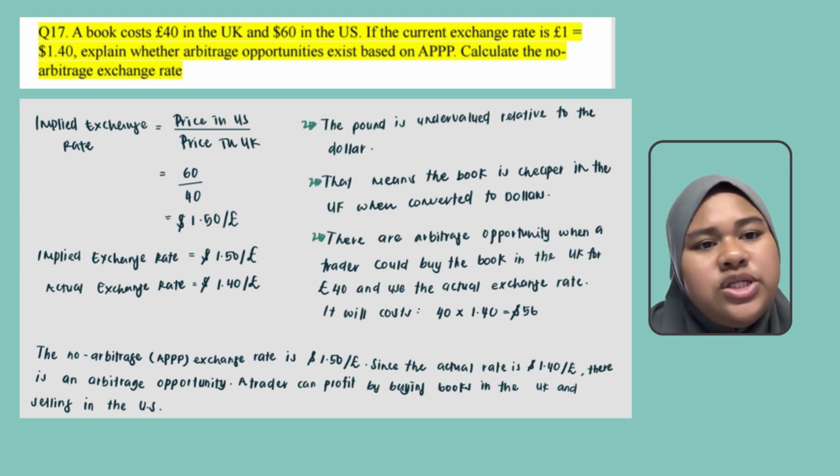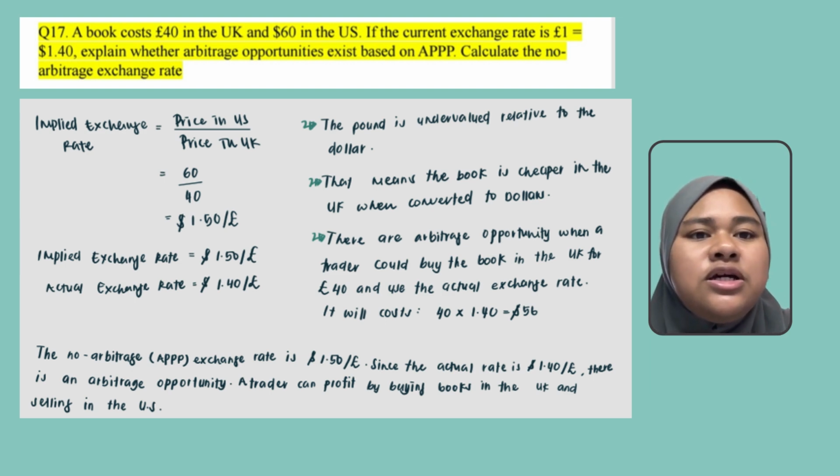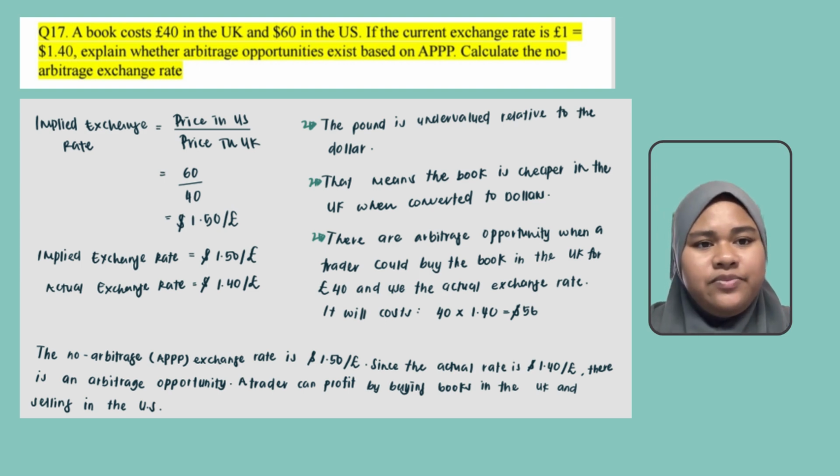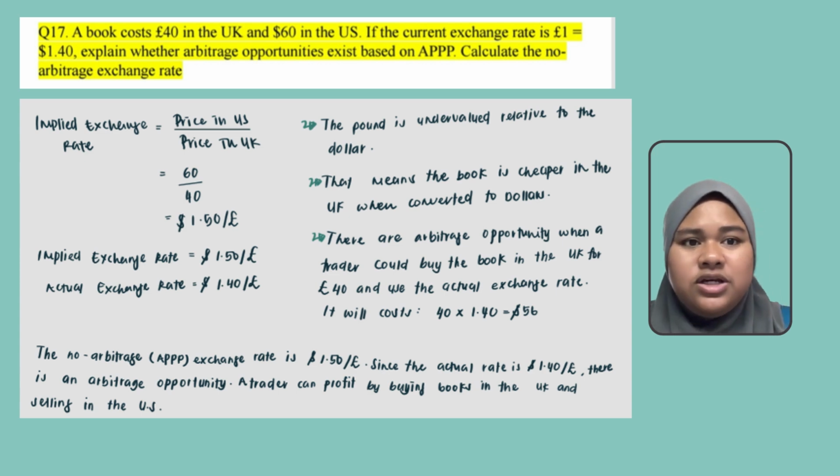Step number 2, we compare the implied exchange rate with the actual market exchange rate. We got $1.5 for the implied APPP rate and the actual market rate is $1.4. Since the actual exchange rate, 1.4, is lower than the APPP rate, 1.5, the British pound is undervalued compared to the US dollar.